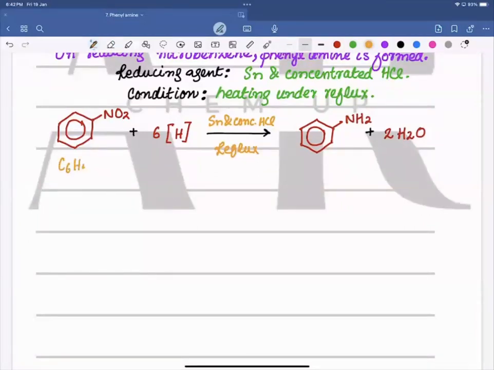It is C6H5NO2, nitrobenzene, and here C6H5NH2, this is phenylamine.